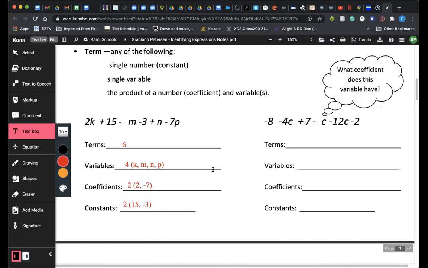All right. Let's look at this other example here. We have negative 8 minus 4c plus 7 minus c minus 12c minus 2. Oof. How many terms do we have? 6. Again, we have 6. What variables do we have?